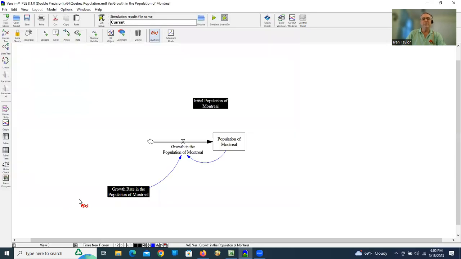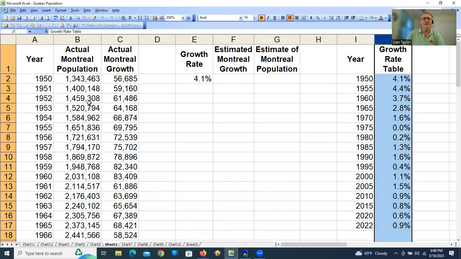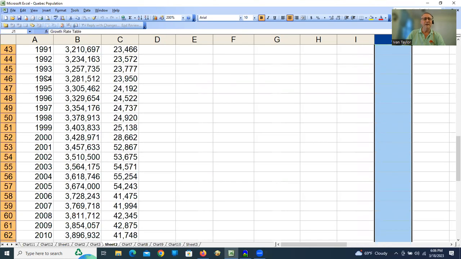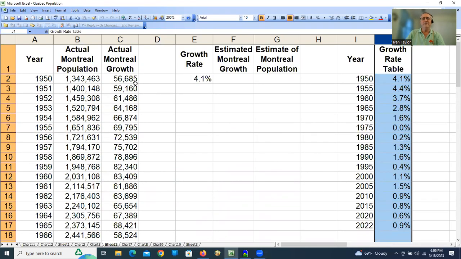Okay, so now we want to estimate the population of Montreal and the growth rate in the population of Montreal. So to do that, I use Excel to minimize the error between data and the model. So here I have data on the population of Montreal and the growth in the population of Montreal between 1950 and 2022. So then I'm going to build a model that is basically the same as the Vensim model, but in Excel.